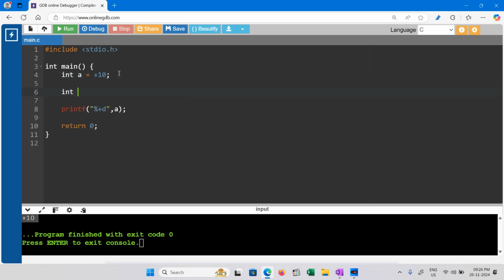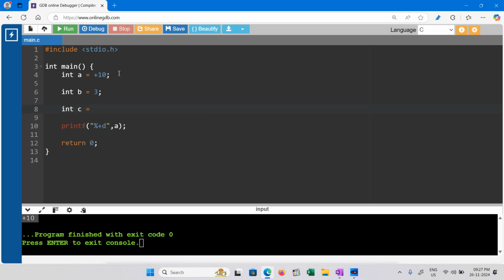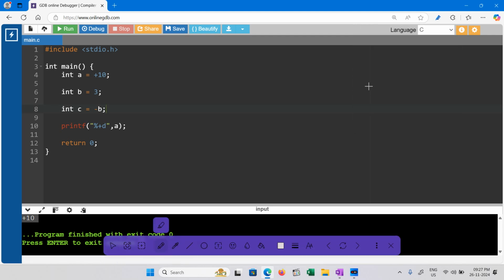We have Unary Minus. So what is actually Unary Minus? Let me show you here. Now see, I am going to update the integer c by minus b. So this is actually called Unary Minus. When we write integer c equal to minus b, it doesn't mean that b becomes minus 3.